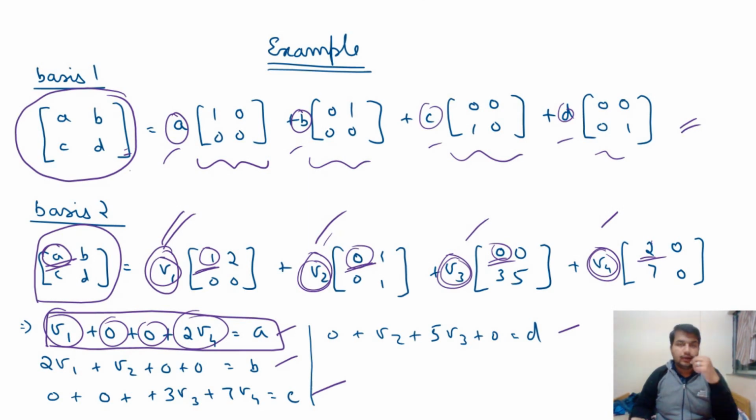So again, what I am trying to say here is that by choosing different bases, your components will be different. However, both of these expansions represent the same vector, which is A, B, C, D.